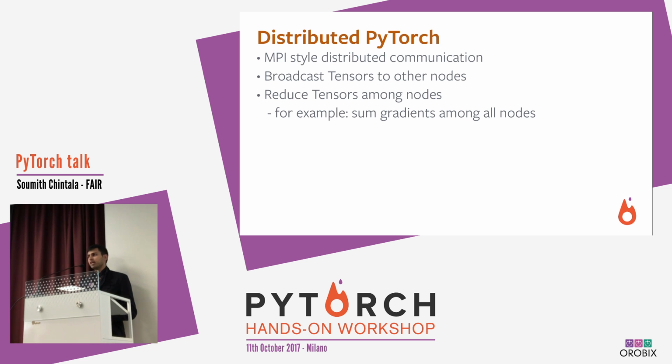It's an MPI style API, which means we have some functions that you run that can exchange tensors between each other. For example, they can sum up all the tensors amongst each other, or send one tensor from one node to another, and so on.